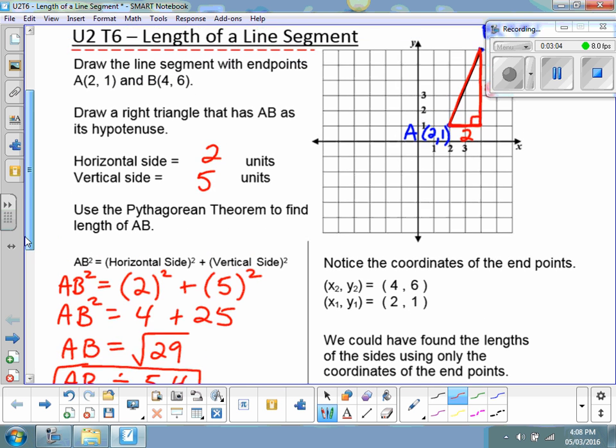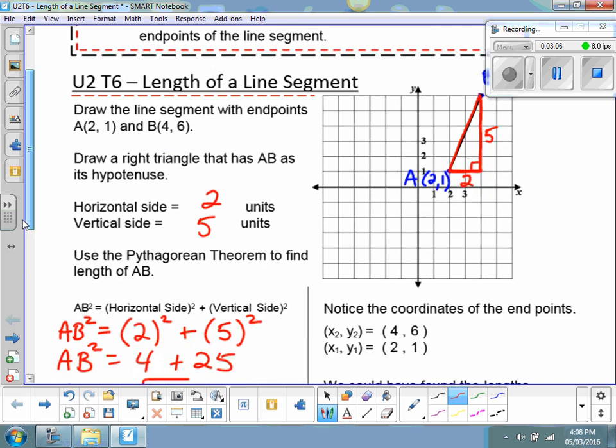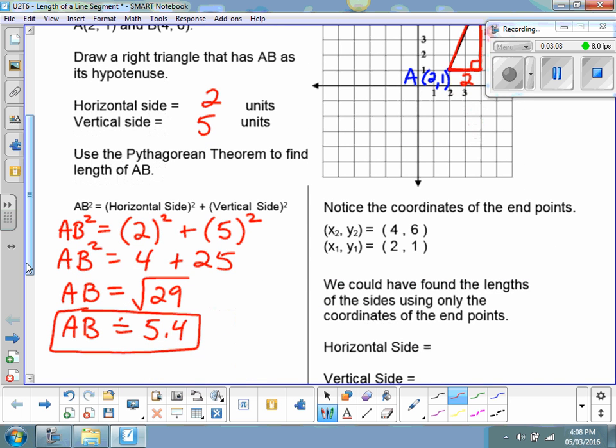So our endpoints are (4, 6) and (2, 1). If you subtract these two, so if I do 4 minus 2, 4 minus 2 is equal to 2, and 6 minus 1 is equal to 5.